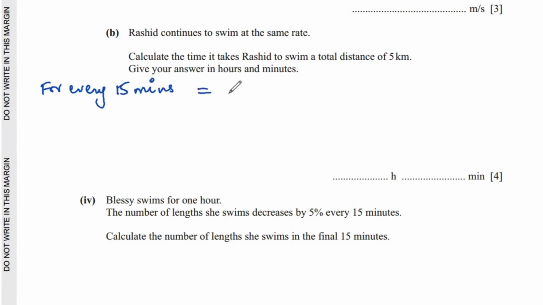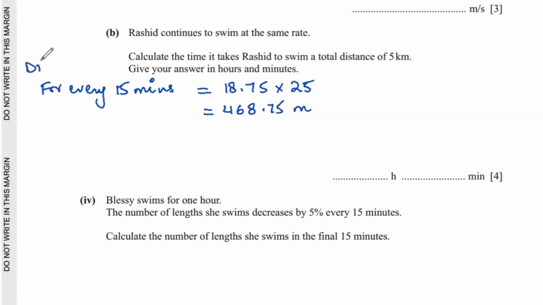he's covering a distance of 18.75 times 25. Each length is equal to 25 meters. How many lengths is he covering? 18.75. So we find the product of 18.75 and 25, and that gives us 468.75 meters.